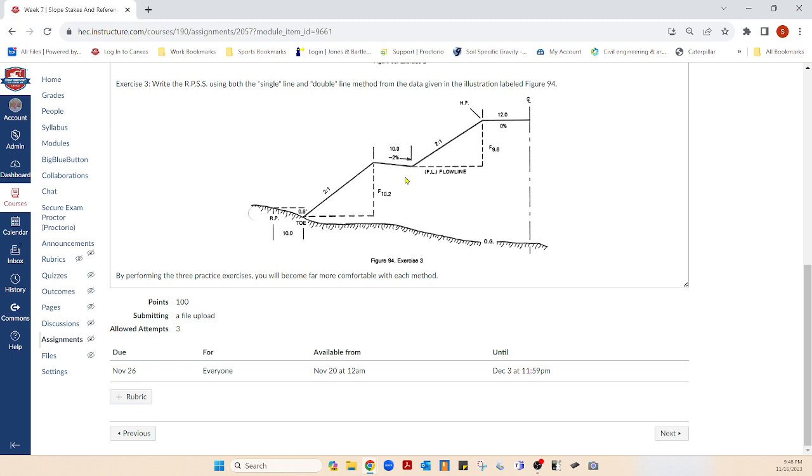And then we've got this little weird deal here where we've got to go up 9.6. That will be 10, that will be 10, and then that will be 9.6.